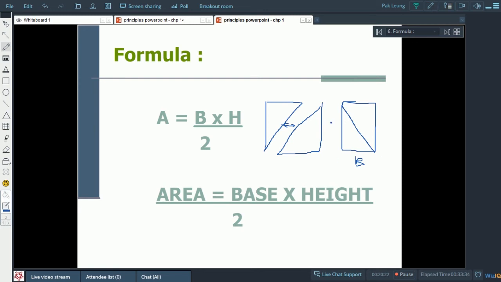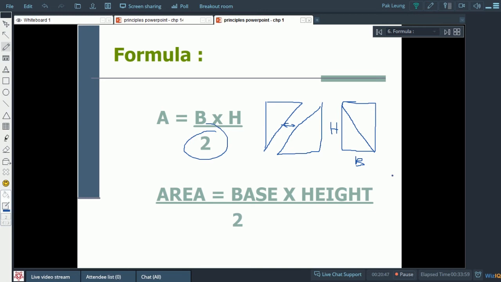So you take the base, 这个底线, times the height, 乘这个高度. This is a rectangle, but it's half. 这是它一半, 那长方形一半. So that's why you divide by 2.